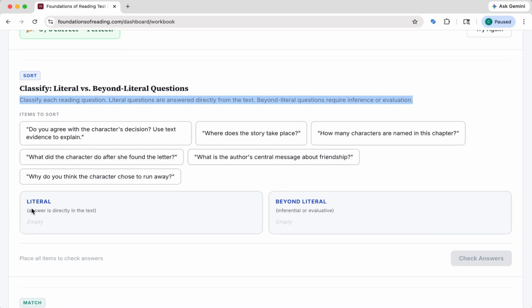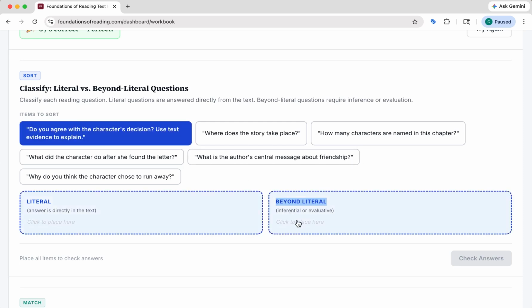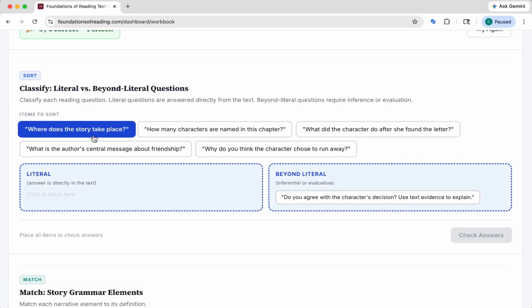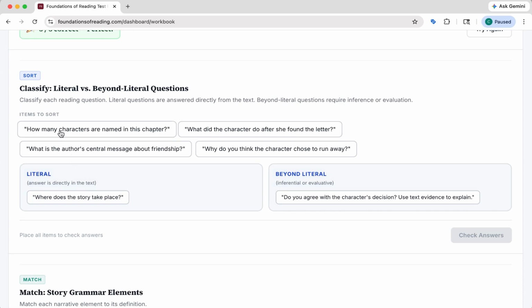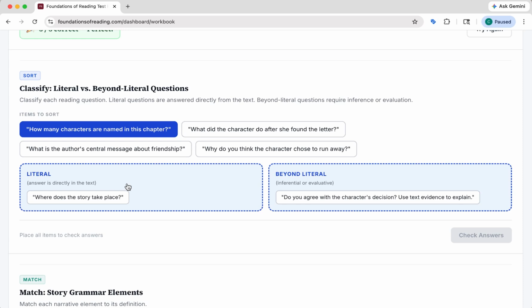So we need to mark all of these as being literal or beyond literal. All right. Do you agree? Where does the story take place? Literal. How many characters are named?